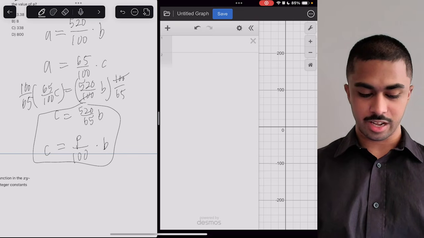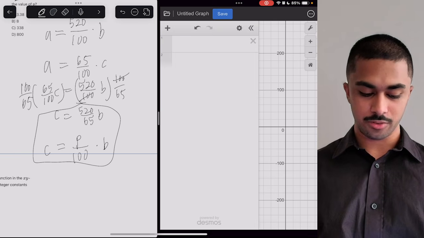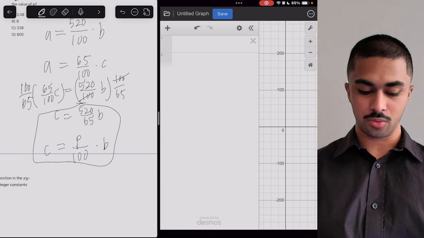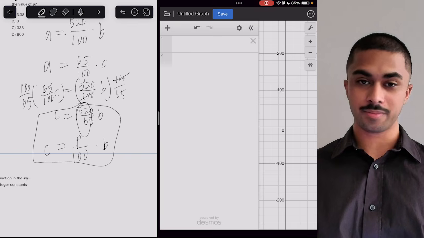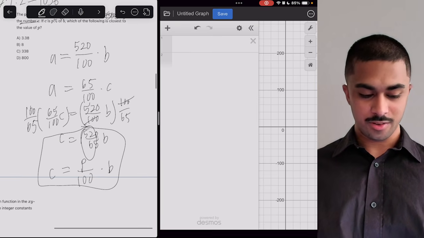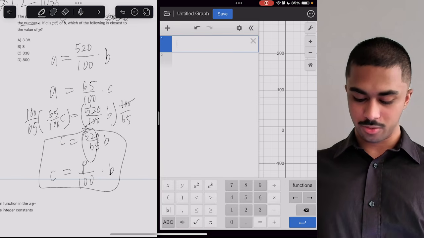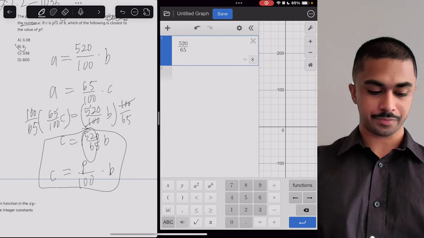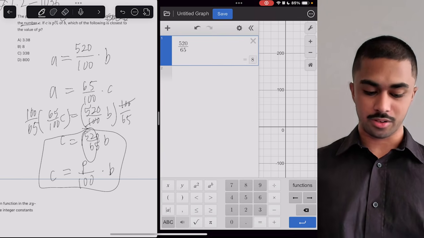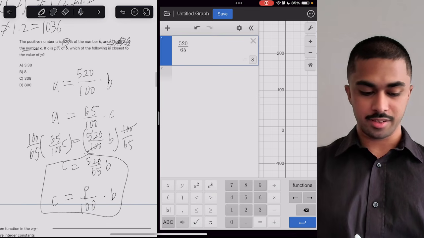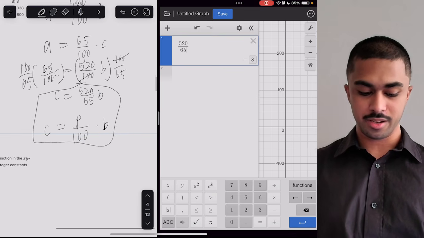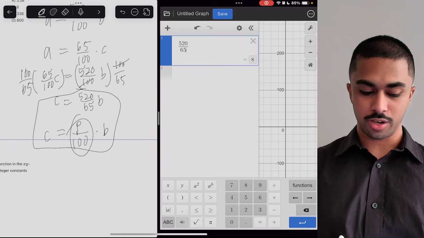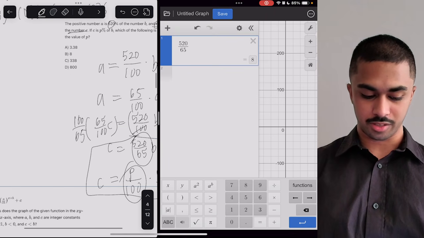So these two equations now look very similar. The only difference is that it's this and this. So you might think that, oh, this is P, right? No. 520 over 65 would get you the wrong answer, that's 8. This is the wrong answer. If C is P% of B, then that means C equals P over 100 times B. That means P over 100 equals 520 over 65.